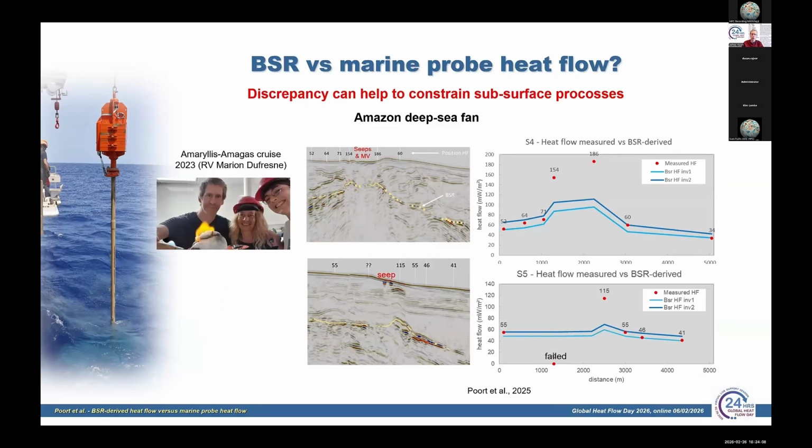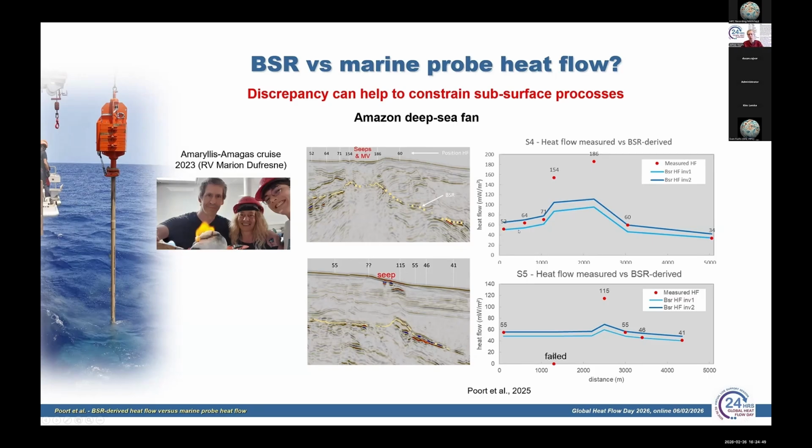Another example I will show is from a more recent study that we did in the Amazon deep sea fan, in order to show that the discrepancy between the BSR-derived and the marine probe heat flow can sometimes give useful information. These are 2 examples from a 3D seismic cube, where a BSR has been observed in a compressional area on the Amazon deep sea fan, where you have quite a lot of seep and mud volcano structures in anticlinal sediment structures.